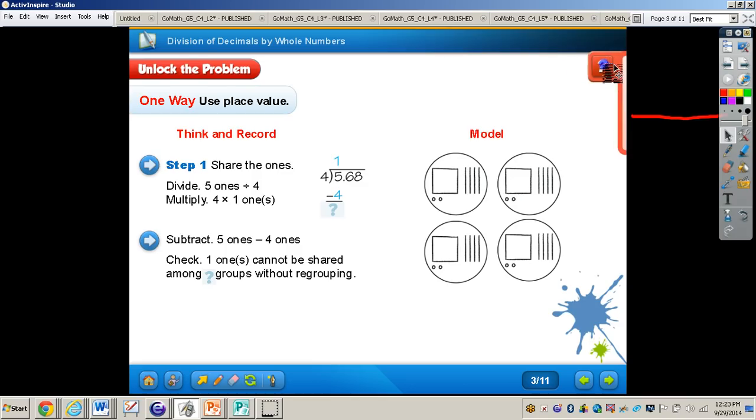Now, the division problem that we're going to work through is 5 68/100 divided by 4. We can take 5 68/100, as you can see right here, and we can divide that by 4.